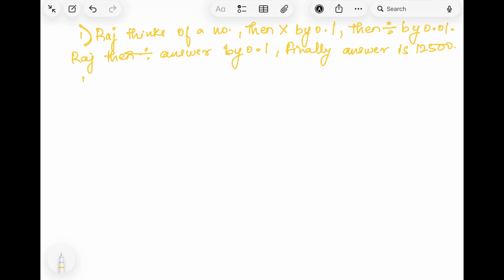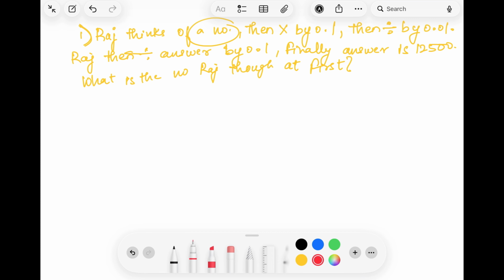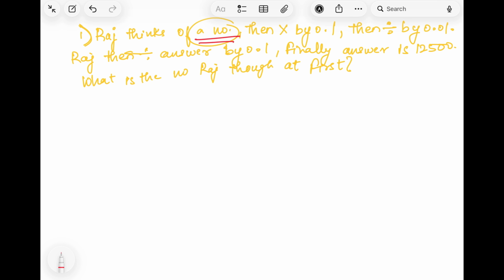Now they are asking what is the number Raj thought at first. That means Raj is thinking of a number. We don't know that number. We need to find out that number here.